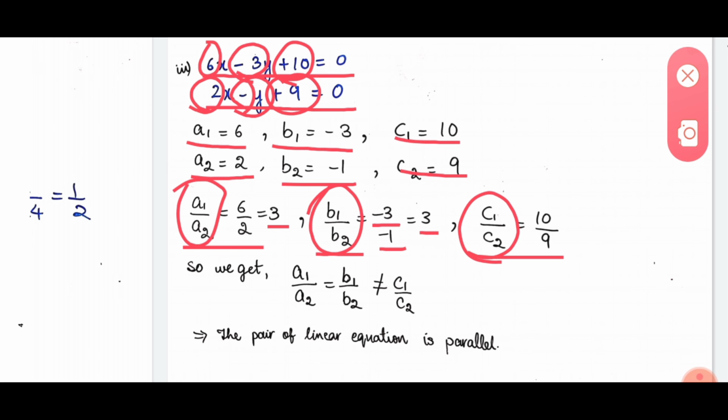So we can write that A1 upon A2 equals B1 upon B2 is not equal to C1 upon C2, and this is the condition for parallel lines. We have studied this earlier. This means that the pair of linear equations is parallel.